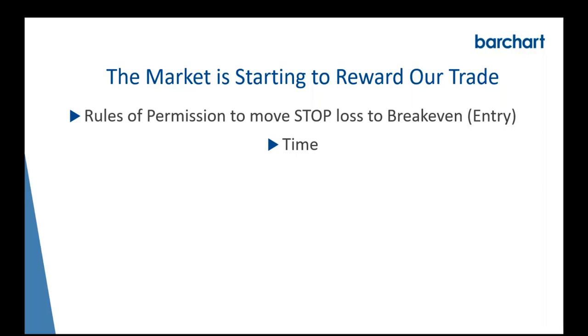So for day traders, we're going to start picking a time frame that is relative to our style of trading and to our time frame. For day traders, you could use a rule of, let's say, 3 times your trend time frame. For instance, if I'm using an hourly time frame for my trend analysis, I'll wait 3 hours. Or if I'm in 30 minutes or 15 minutes, 45 or an hour and a half, 3 hours.